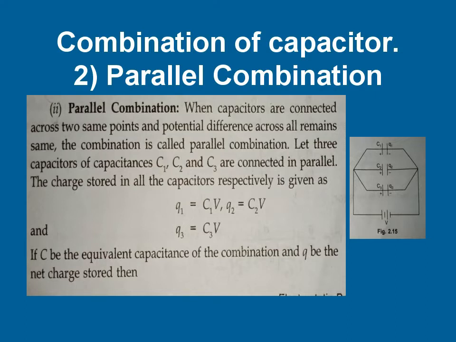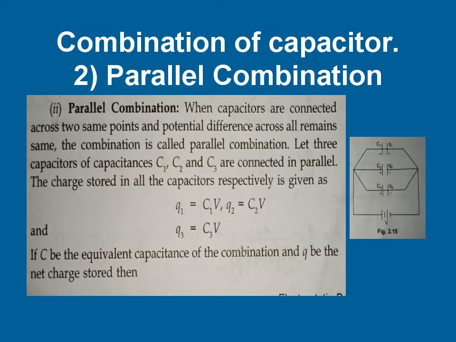Let us derive the formula for parallel combination. Let three capacitors of capacitance C1, C2 and C3 be connected in parallel. The charge stored in all capacitors is respectively given by Q1, Q2 and Q3, because charges divide in parallel combination.